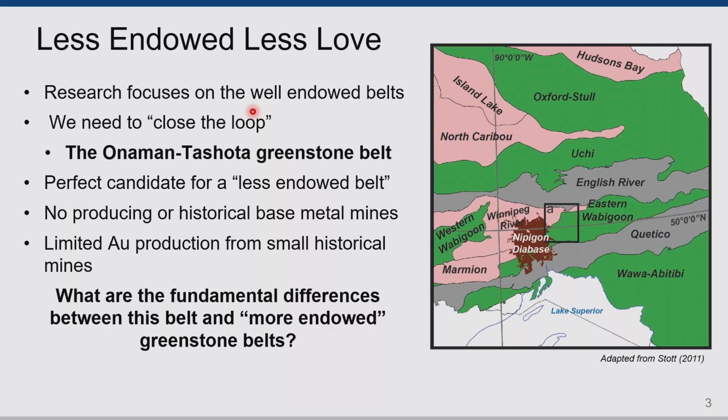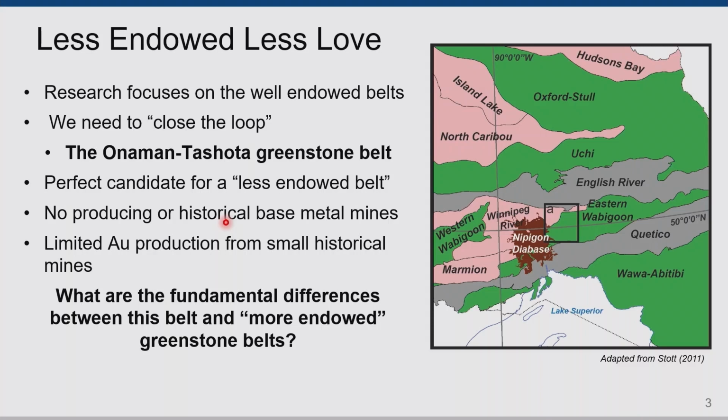I'm going to pump the Onaman-Tashota greenstone belt here because I think it's the perfect candidate for a less endowed belt, mainly because it has no producing or historical base metal mines. So not exactly ideal if you invested in a company there, I'm sorry for that, but certainly important for us when we consider endowment. And it only has limited production of gold from historical occurrences, which are very small.